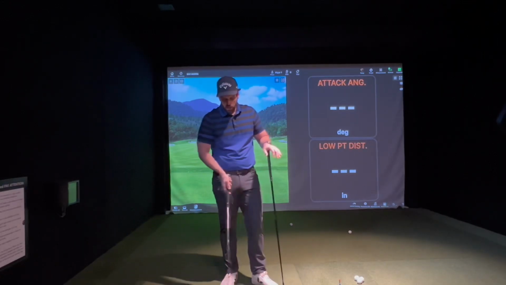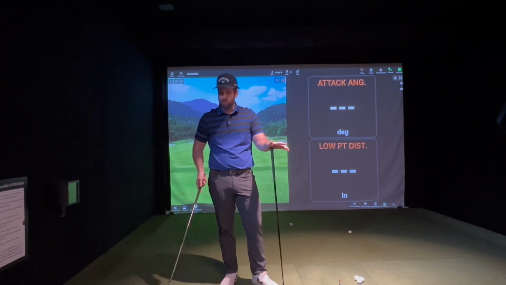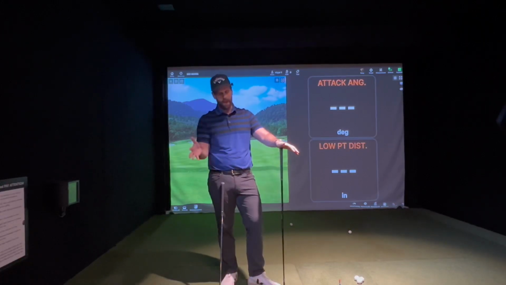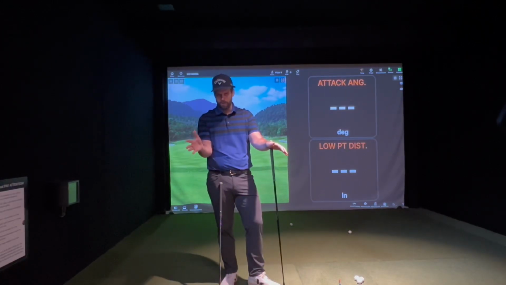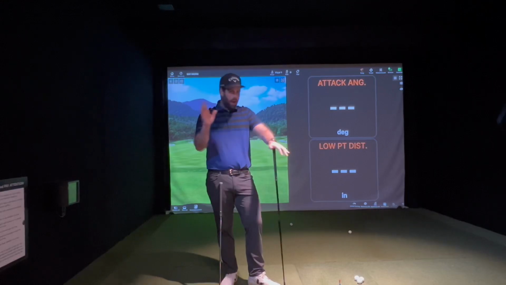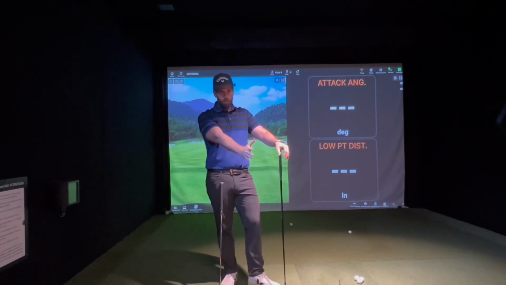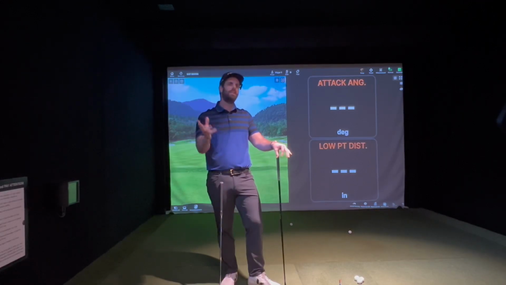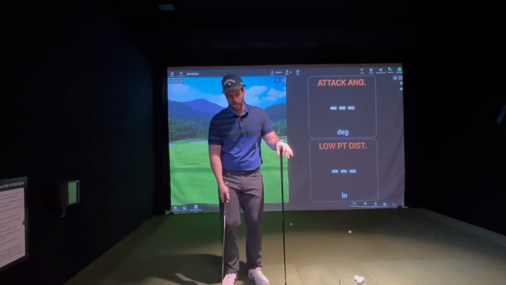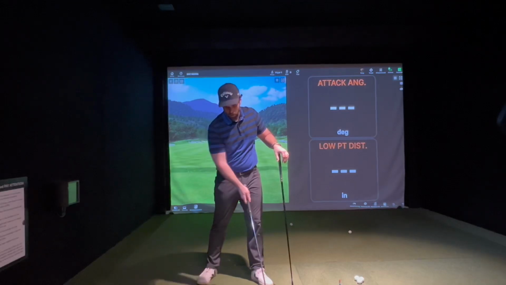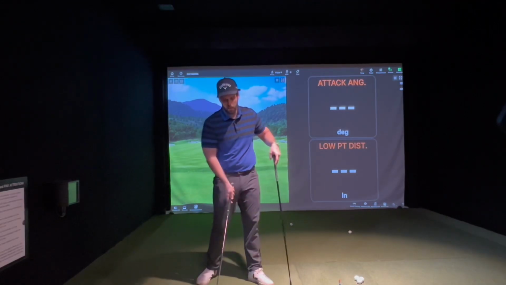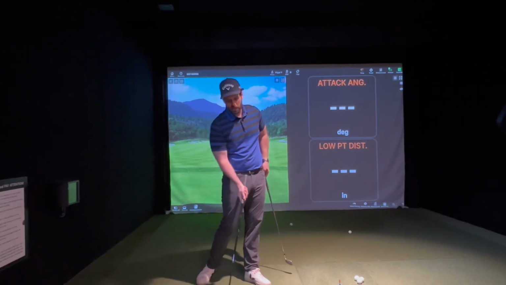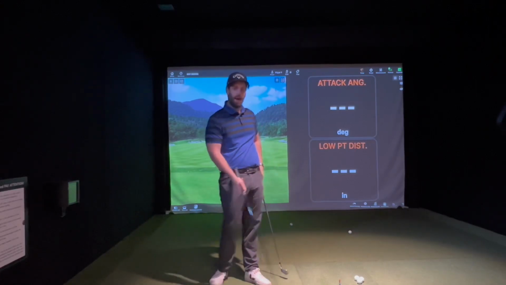So where the low point of the swing occurs in relation to where you hit the ball, impact, is the big difference between iron and driver. In a nutshell, a lot of you already know you want to tee the driver further up in your stance towards the front foot. This is why, right? But I think understanding why you do it, and then understanding how with a driver, when you play the ball in the front of your stance, it allows the club to bottom out before it arrives at impact, right?